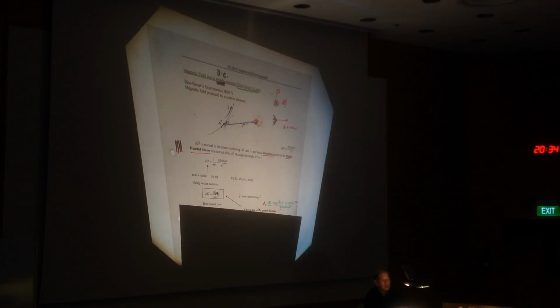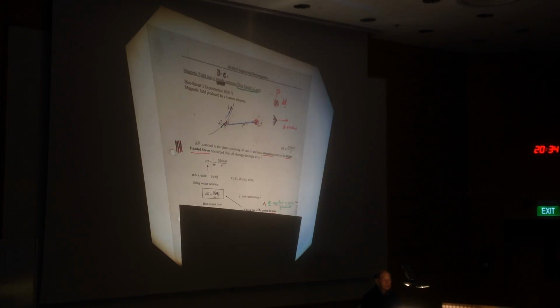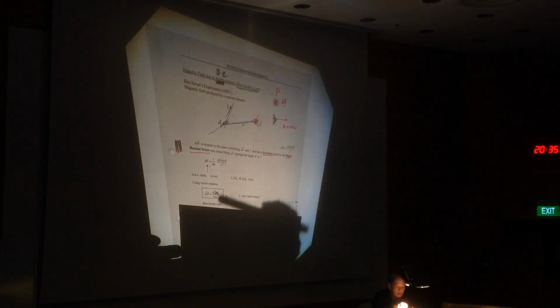So therefore you can say dl cross R vector is the same as the corkscrew rule. The corkscrew is far more convenient. Just grab and go, ready. Same way. So what Biot and Savart found out was this form.